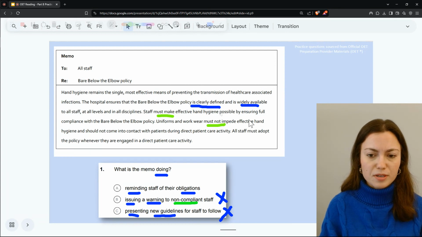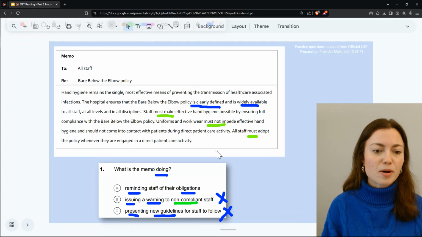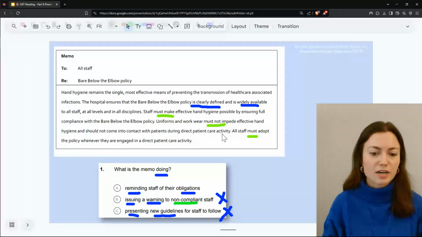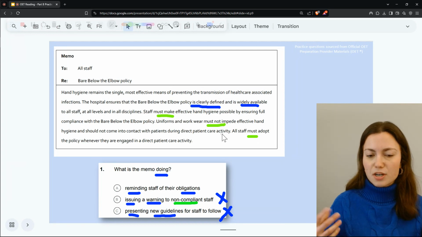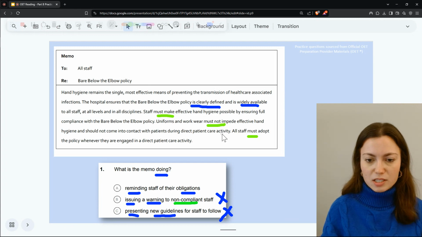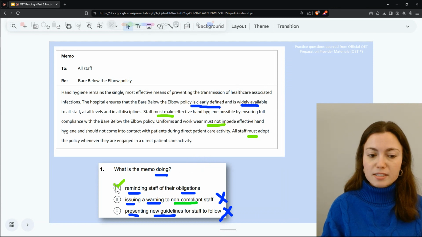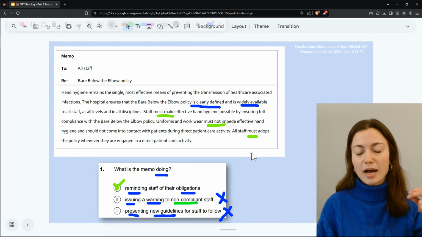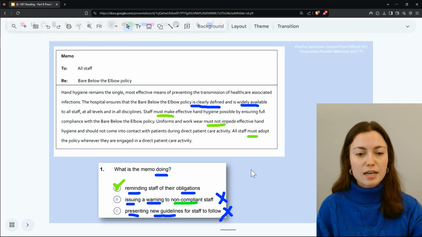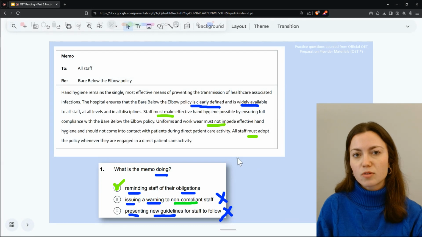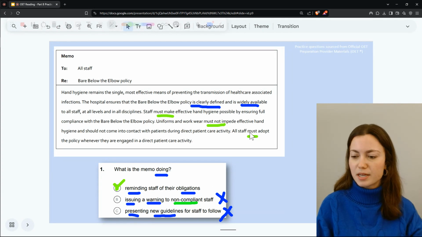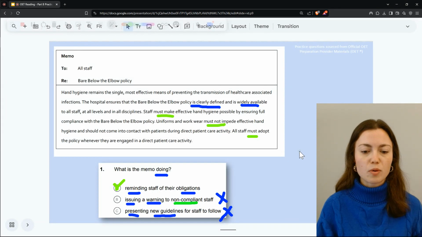What else do we have here? They must adopt the policy whenever they're engaged in a direct patient care activity. So it's not new information. They're just being emphasized, or in this case, reminded of those things. So great example of how you as a person taking the test need to recognize the language piece behind the word obligations. Big clue is, again, repeated modals, in this case, pointing to that.